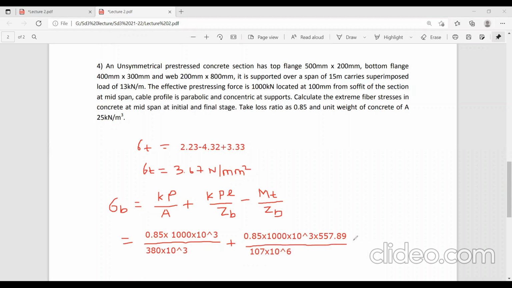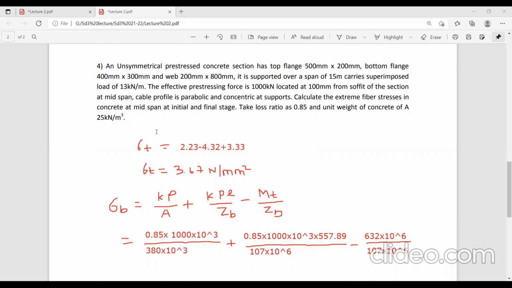Then minus the moment due to total load, 632 into 10 raised to the power 6 Newton mm, divided by 107 into 10 raised to the power 6.